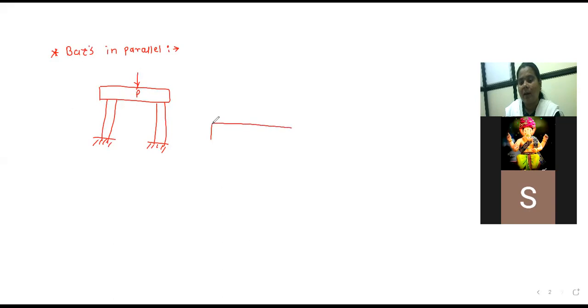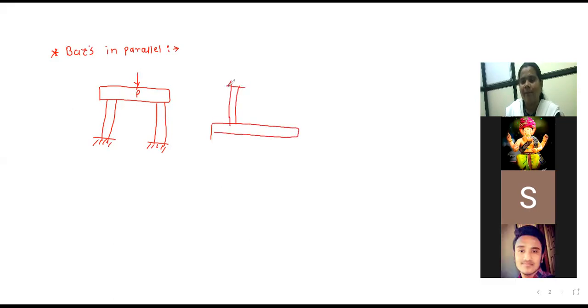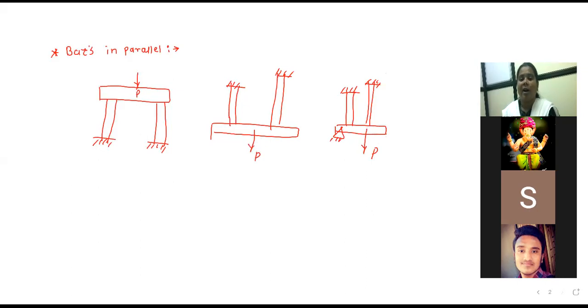And third, bars are connected by an inclined rod, but a hinge support is provided, and here the load is applied. So for bars in parallel, we have to solve problems for these three conditions.